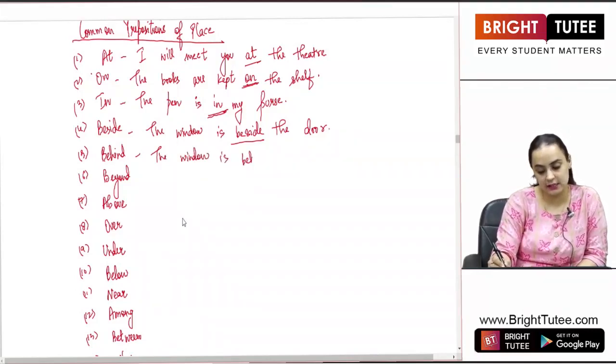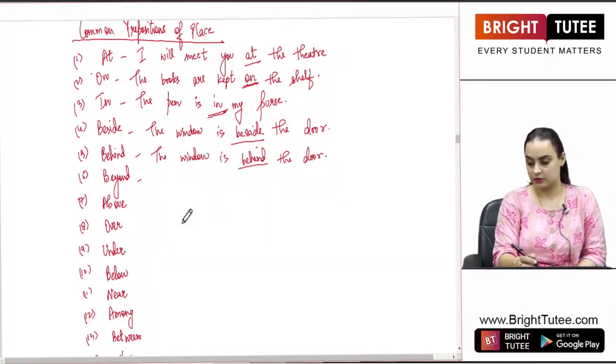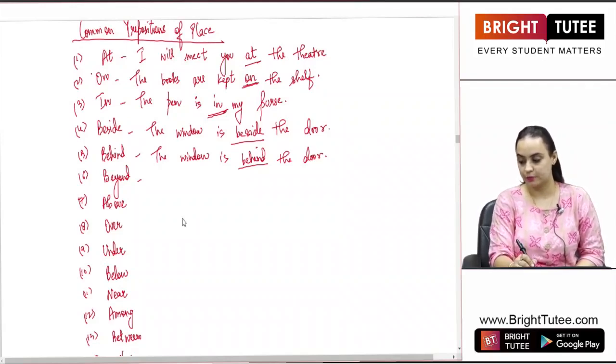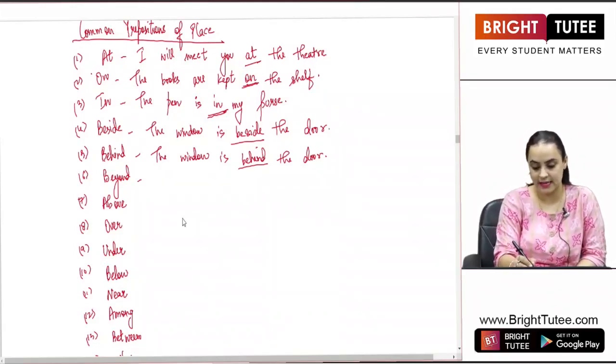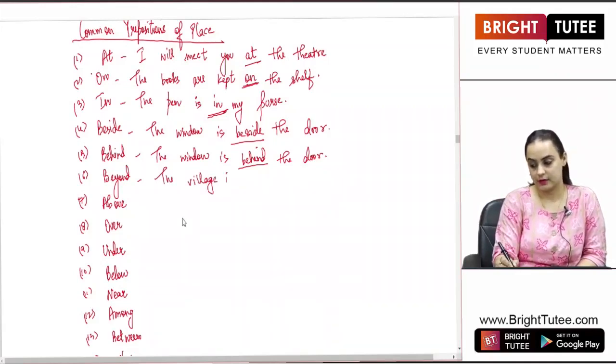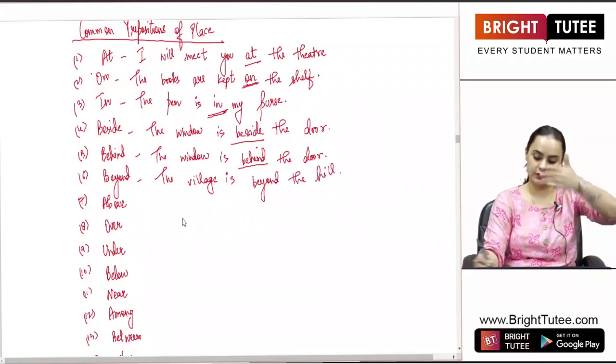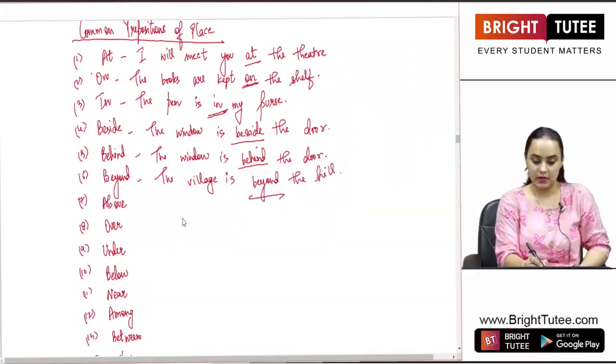So where is it? It is behind the door. This is the position. Beyond. So what is the example for beyond now? If I say the village is beyond the hill. Beyond, very far, the other side of the hill.